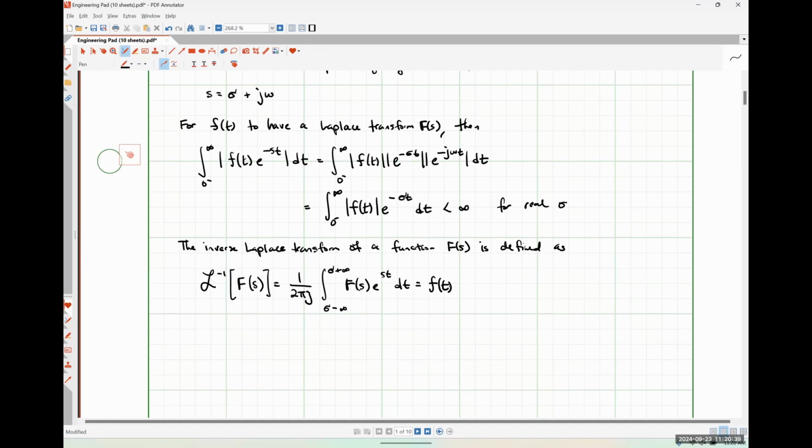Technically speaking, there's also a constraint on this. We need sigma to be greater than sigma sub c, where sigma sub c is the smallest value of sigma for which the integral converges, but we're not going to really worry about anything like that. So what we have here for our inverse Laplace transform is integration over the complex plane.